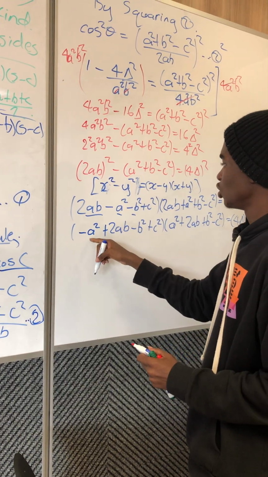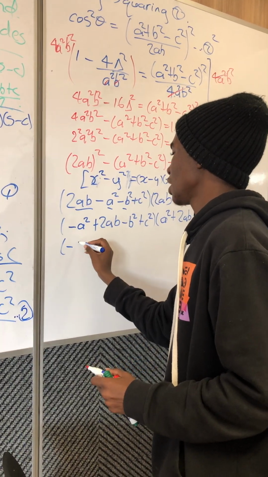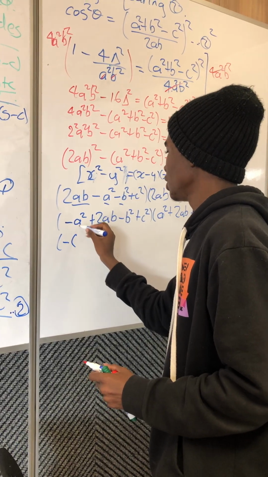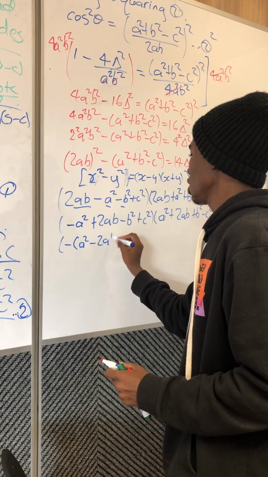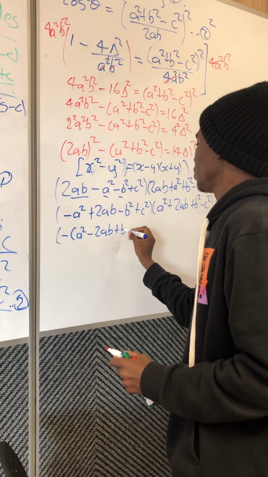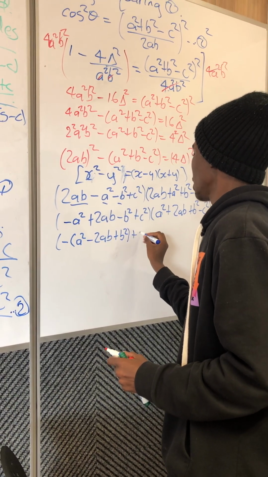And here, if I take a minus, I am left with a squared, minus 2ab, plus b squared, plus c squared.